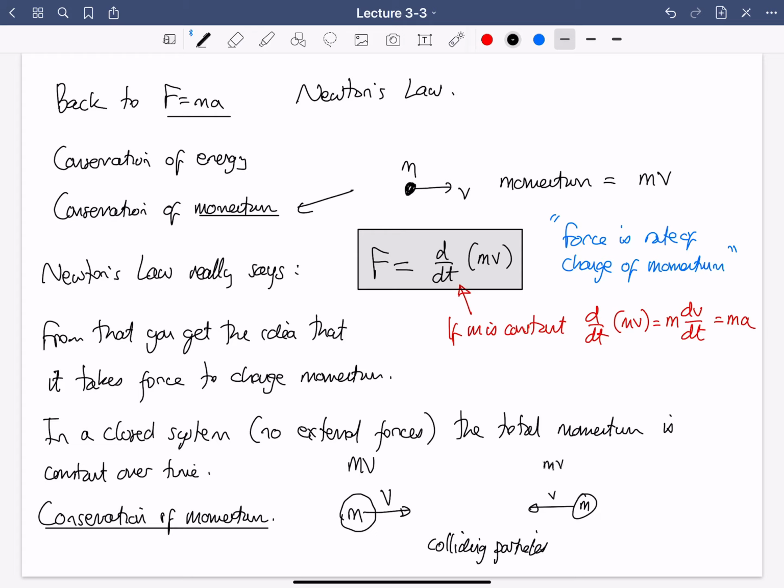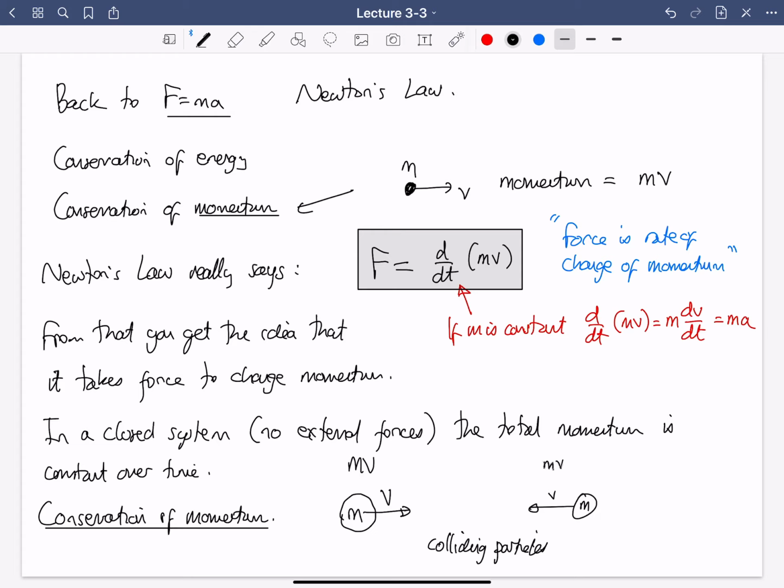When they collide, the two particles bounce off each other in different directions. The left-hand particle, which is going to the right, might bounce back to the left, so they change directions. Each individual particle's momentum changes in that collision, because the other particle exerts a force on it that changes its momentum, and vice versa.